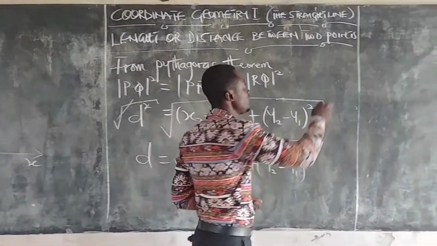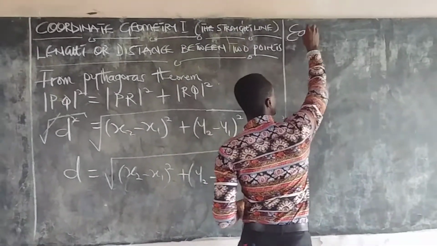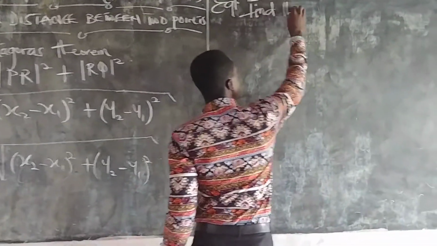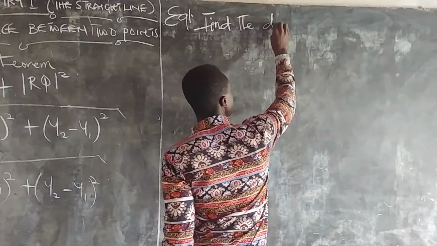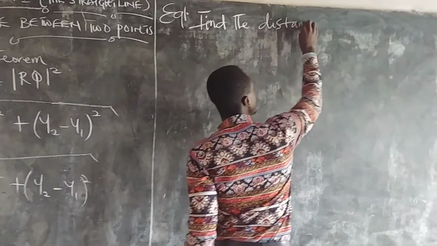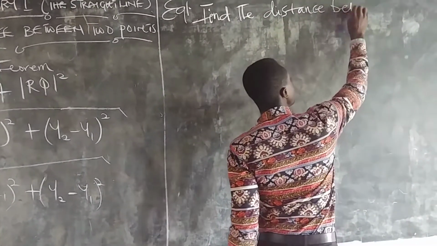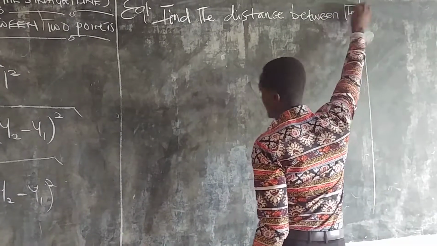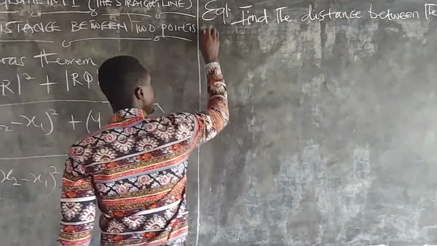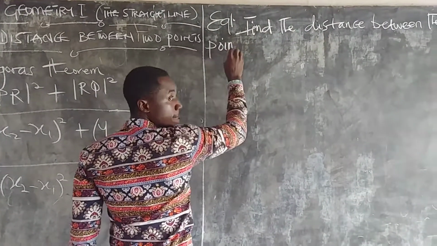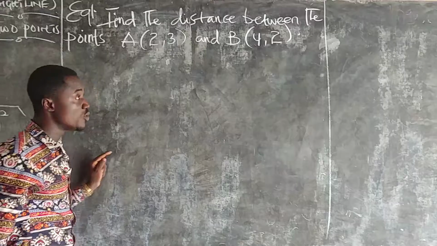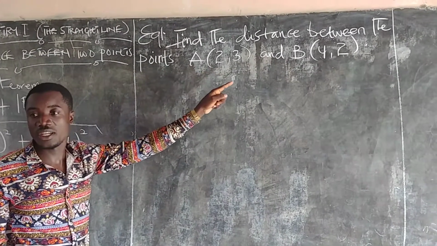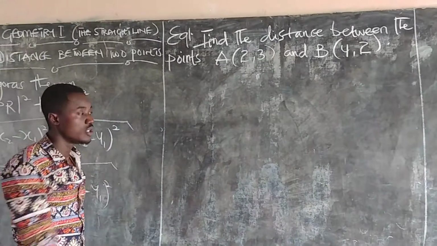Example 1. Good. So you have to find the distance between the points A, 2, 3, and B, 4, 2.